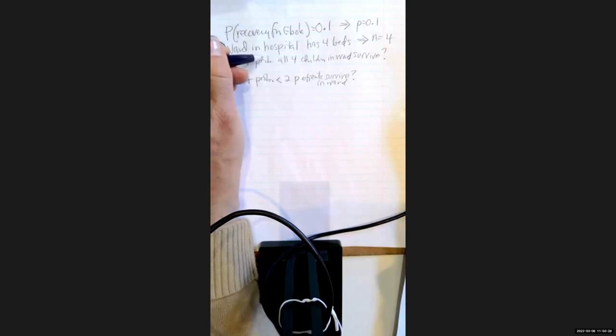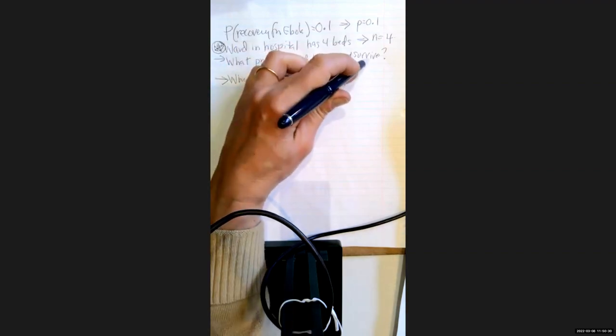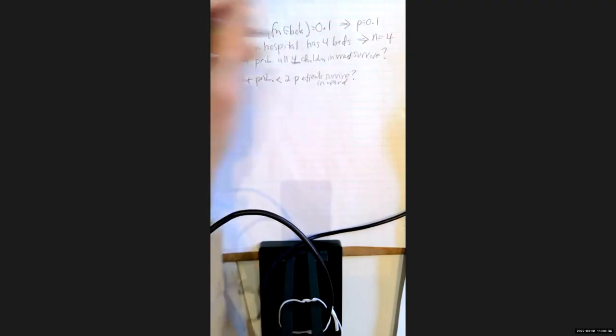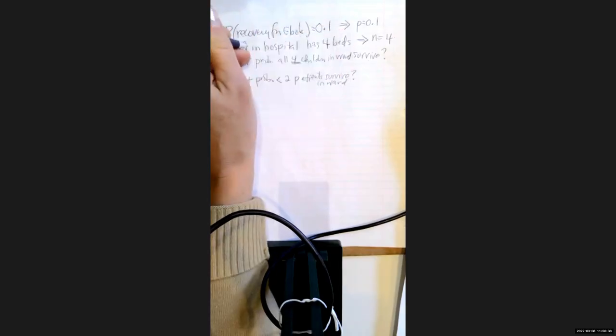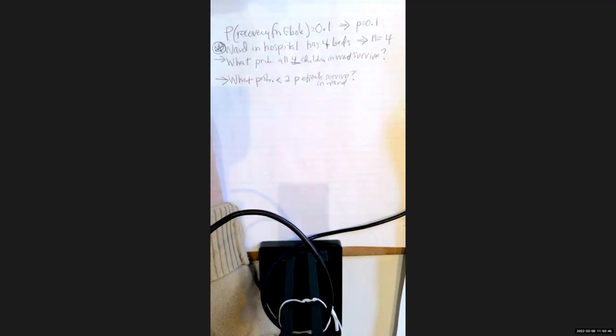So what's the probability that all 4 children in a ward survive? We've got these 4 patients in our ward. That's going to be our sample size for our binomial distribution in this case.